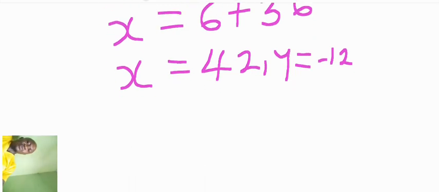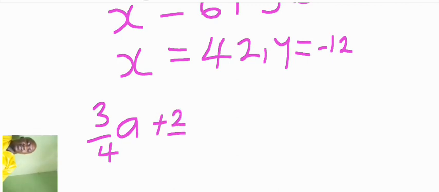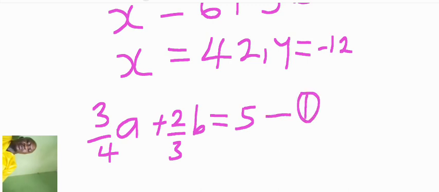This example involves fractions. So let's go straight to the work. So we have 3/4 a plus 2/3 b. This is equal to 5. This is my first equation.